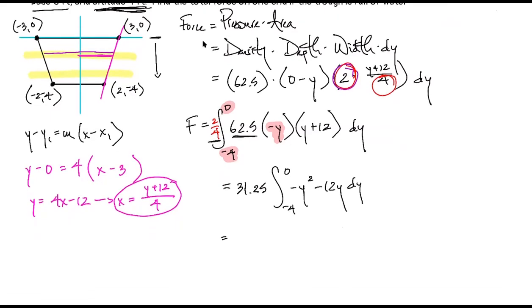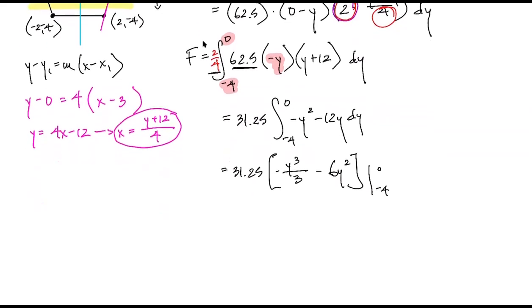And this is going to give me 31.25 times -y cubed over 3 minus 6y squared, and I'm plugging in 0 and then -4. Okay.